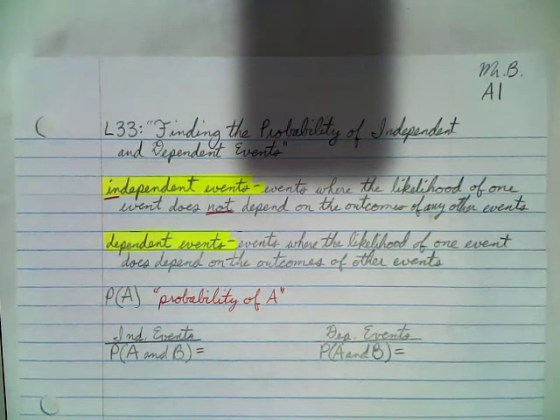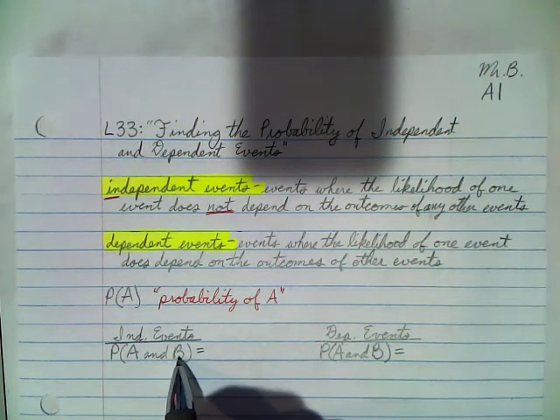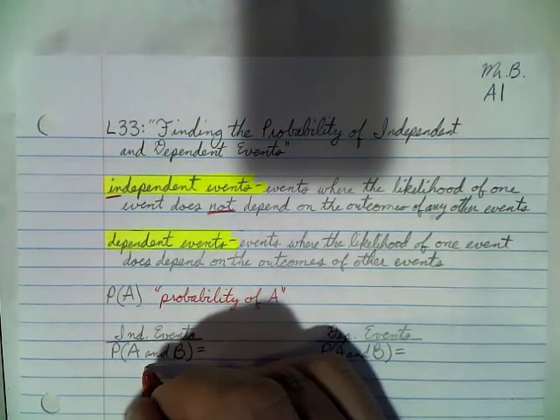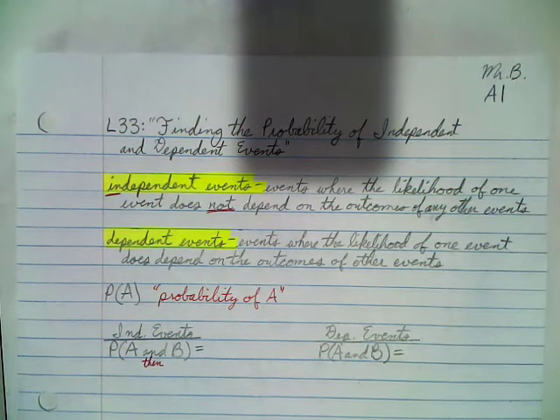So ladies and gentlemen, when it comes to independent and dependent events, we have a formula for each of them for how to find their combined probability. So for independent events, since whatever happens with A has absolutely no effect on B, first of all, we need to understand when we say "and" here, we do kind of actually mean "then." So A, then B. Sometimes they can happen together, but it's more helpful to think of it as this one and that one, this one, then that one.